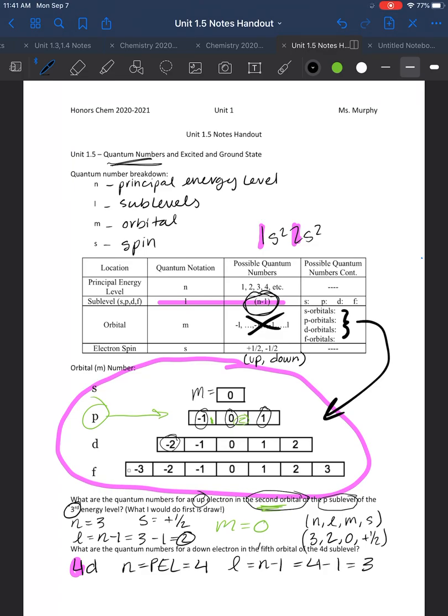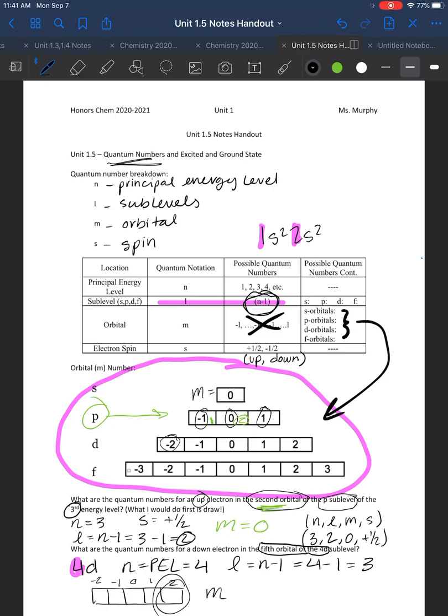Now, we're in the 5th orbital of a 4d sublevel. If we think about the d sublevel, we will have 5 boxes. Our electron is going to be in this box. If we remember the numbering, it goes -2, -1, 0, 1, 2.